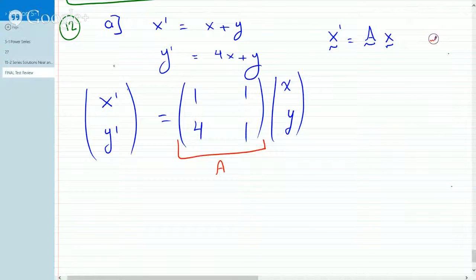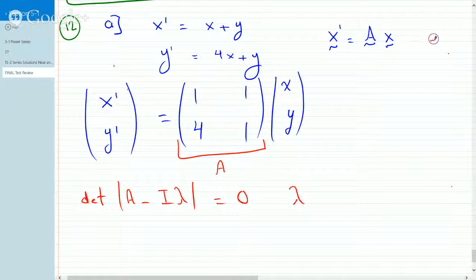So to find the eigenvalues, we will say the determinant of A minus I lambda has to equal 0, where our lambdas are the eigenvalues.